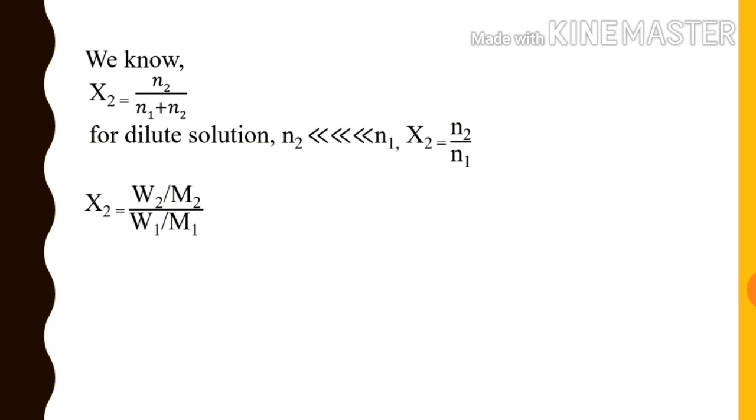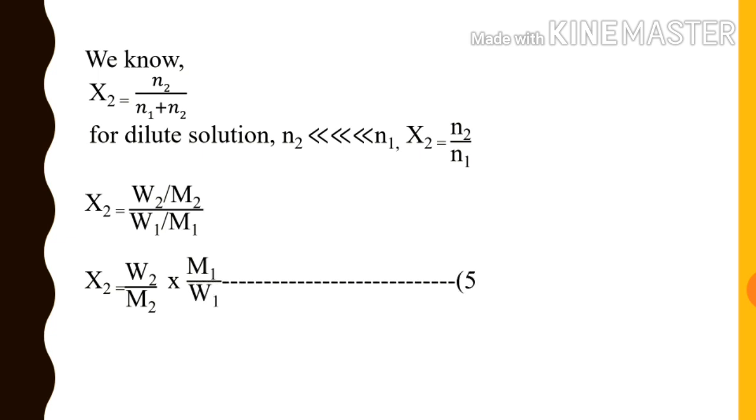Therefore, we get the formula x2 is equal to W2 upon M2 divided by W1 upon M1. Therefore, x2 is equal to W2 upon M2 into, just reversing the fraction, M1 goes upward and W1 comes downwards. We get equation number 5.